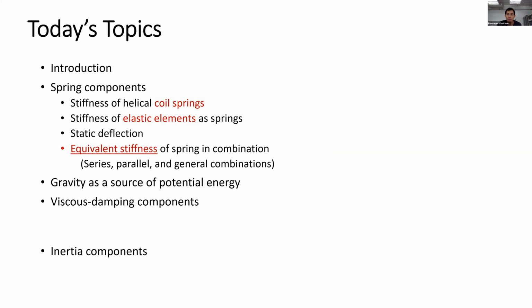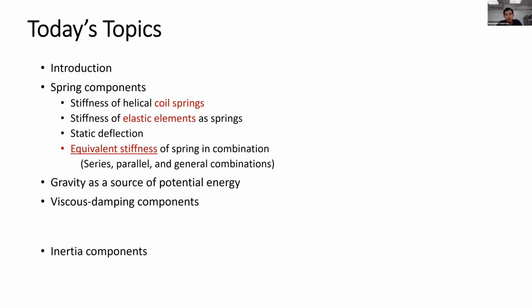So we're going to have a short review from mechanics of materials: how can we obtain the transverse stiffness, the transverse deformation stiffness, of the cantilever beam or the beam in different support configurations.